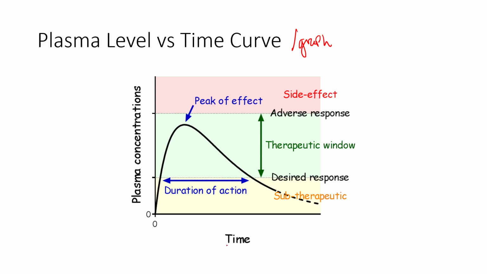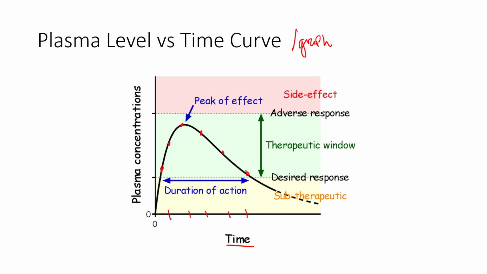The time is usually placed at the bottom, while the plasma concentration is placed on the left side of the graph. You're going to plot the plasma level concentration per unit time if the data is available, and put the best fit line on this data.